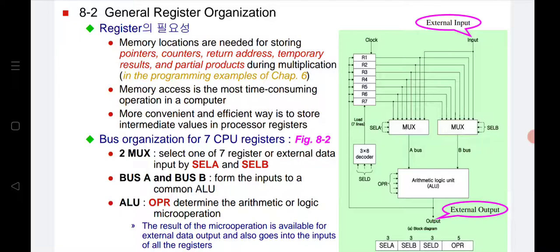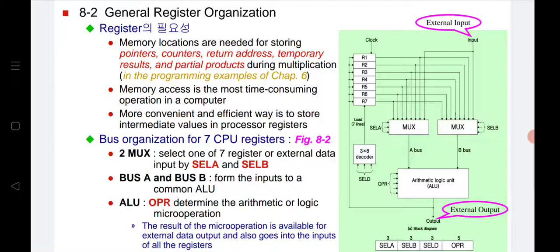In the same way, for the multiplexers, multiplexer A and multiplexer B, we have 3 selection lines each, select A and select B, the selections of multiplexer A and multiplexer B. Why I am pointing out select A, select B and select D, you can understand in the coming slides.